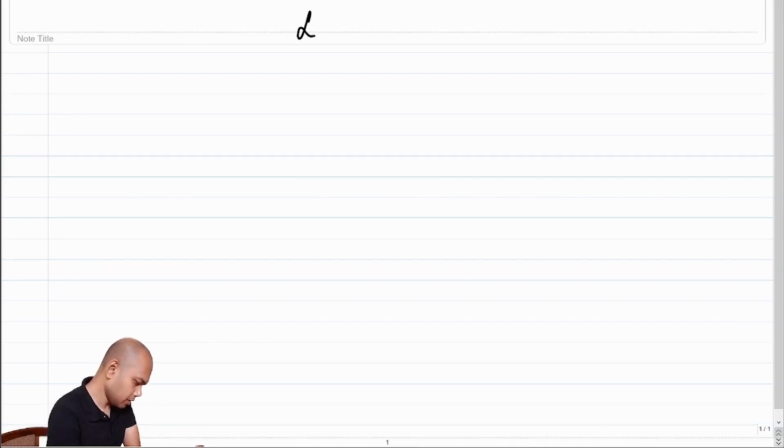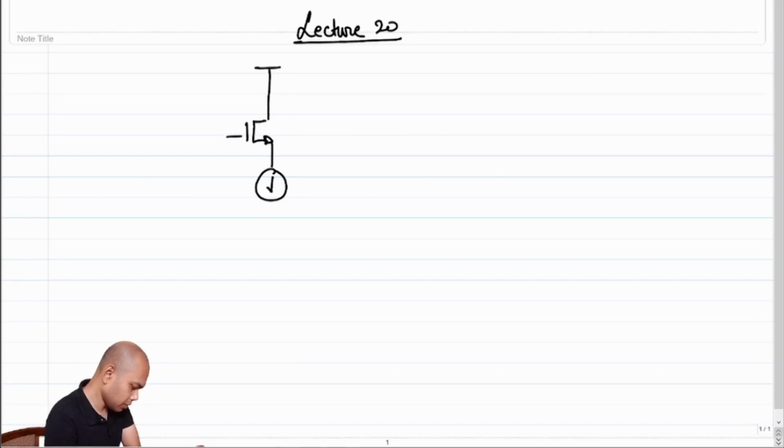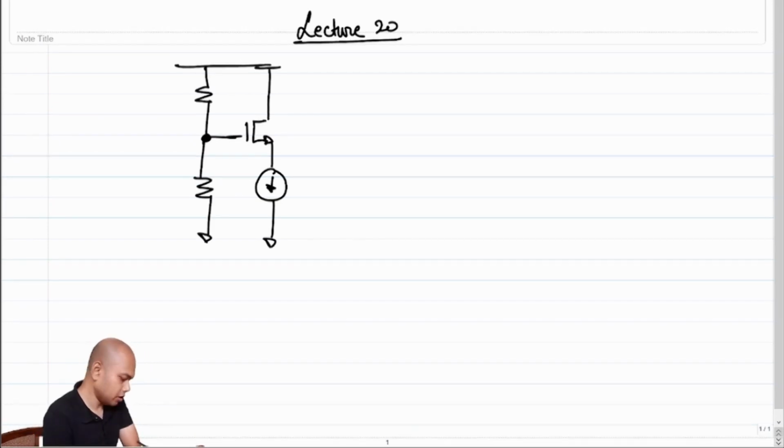This is lecture 20. So in the previous lecture, we saw that when we bias our transistor with a constant current source, when the current source was connected to the source of the transistor, we could use this configuration to our advantage in order to realize multiple topologies.